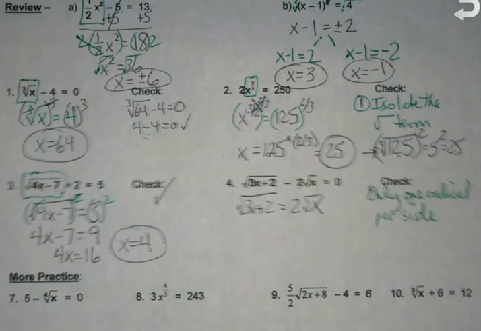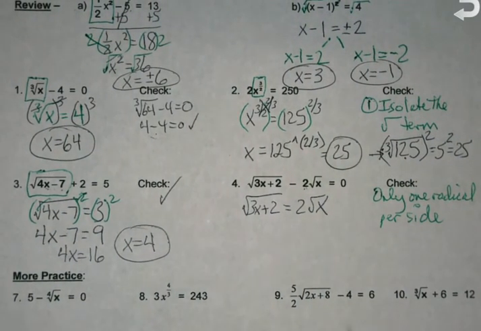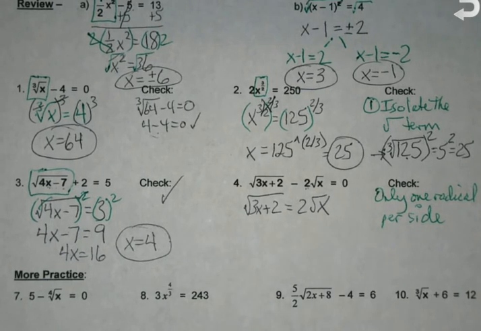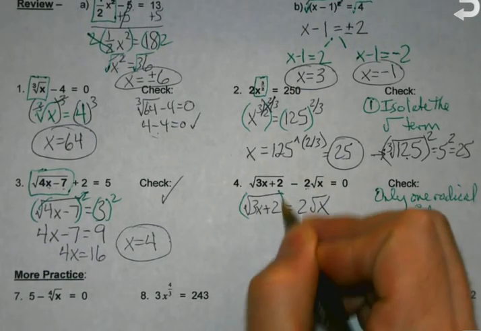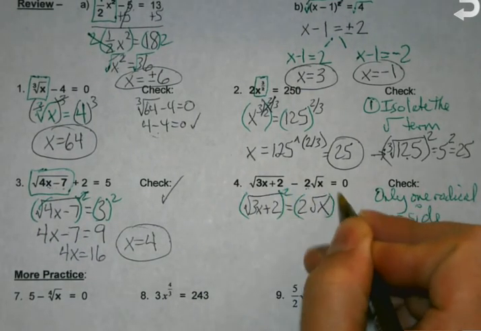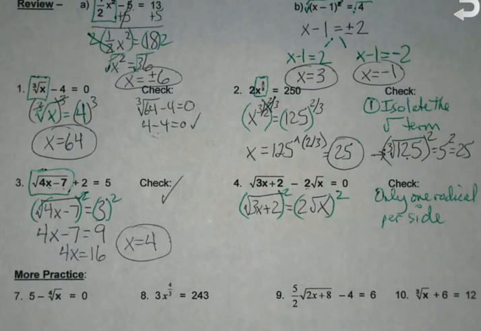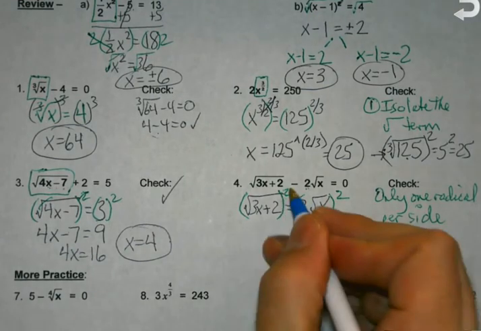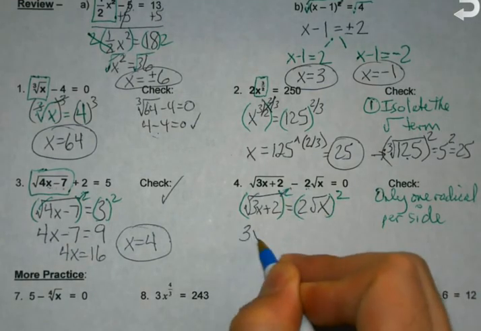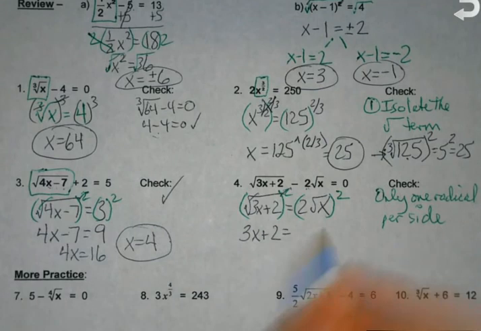You're like, okay, but how am I going to isolate the x? Because normally you tell me I got to divide by 2 or something like that. In this case, this is our one exception to the rule. Once I get those isolated, now I want to get rid of the radicals. Now the left side's not bad. The squared and the square root are inverses, so that goes away. Here's the part that I have to be careful of, though.